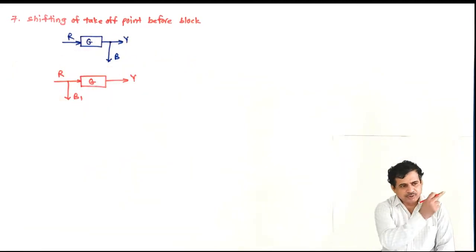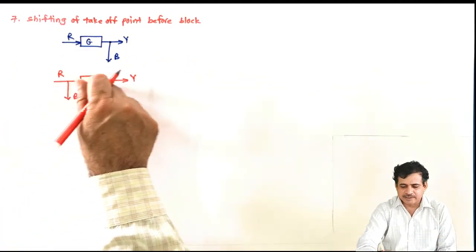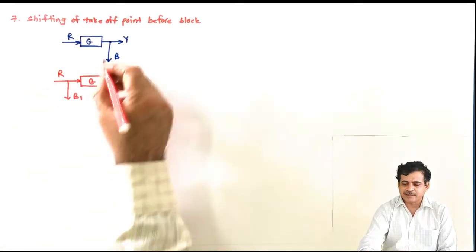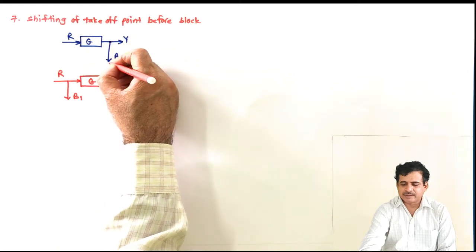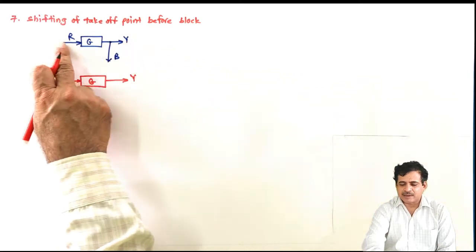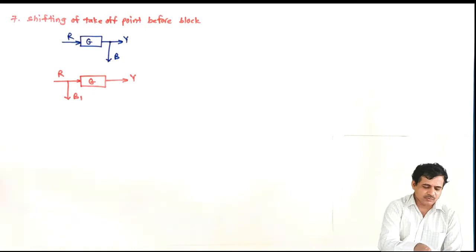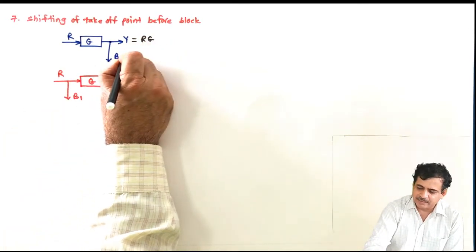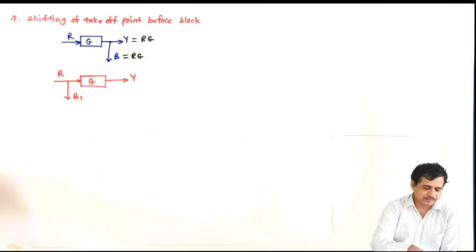But this signal is fed to some other system, so the signal when we are putting it here, it shall be the same. So one thing is clear, while going it from this way, this R was getting multiplied with G. So what we have here is Y is equal to Rg and B is equal to Rg.